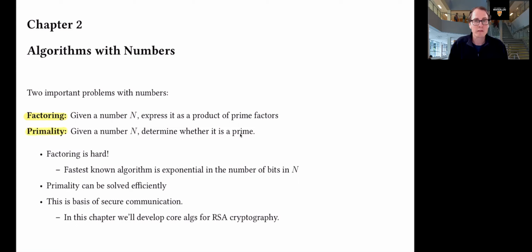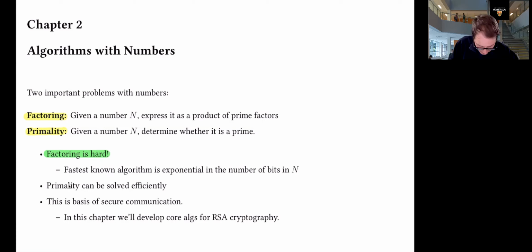It turns out that factoring is hard. As far as we know, there is no algorithm that solves factoring in polynomial time in the number of bits of the input number. The fastest known algorithm is exponential in the number of bits in the number n that we input.